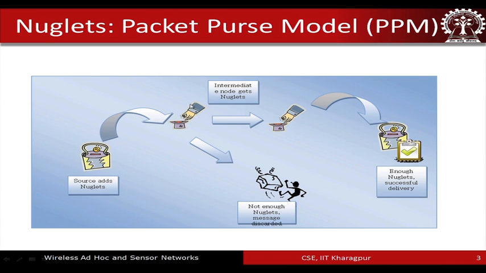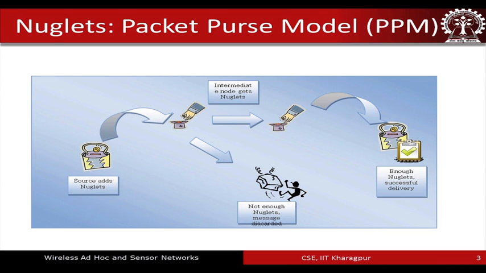As we can see over here, if any of these intermediate nodes does not have the incentive of keeping some nuglets, that means that if there are not enough nuglets left in the packet, then that packet is going to be discarded by that particular node. It will not be forwarded further.